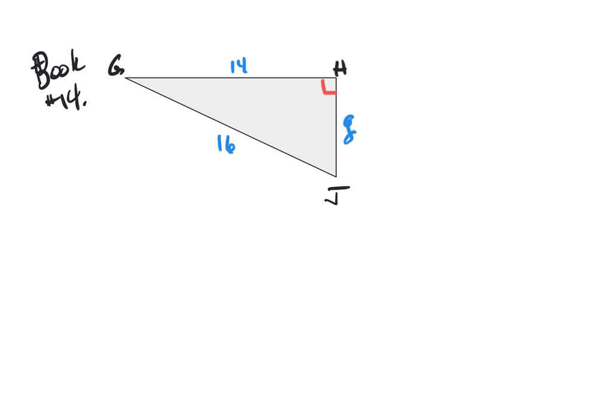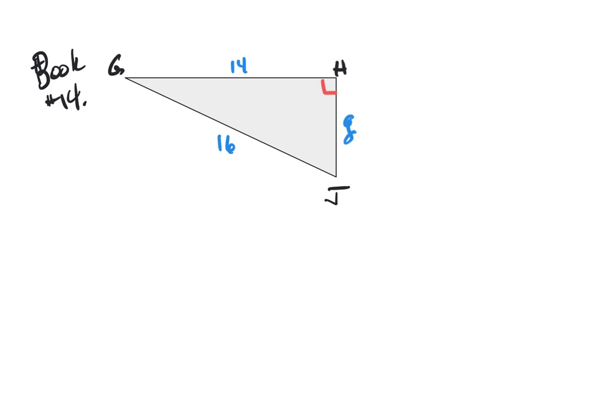Right, number 14 is a triangle where we once again know 3 parts. We know this angle at H is 90 degrees. This side is 14, and this side is 16. So we're trying to find the 3 missing pieces. The easy one to start with here is to find side G, because we know 2 out of the 3 sides of the triangle.